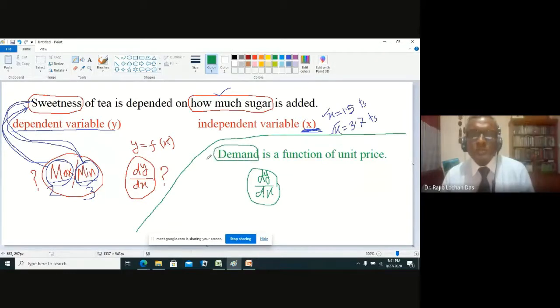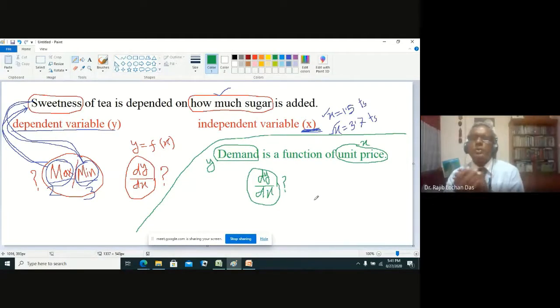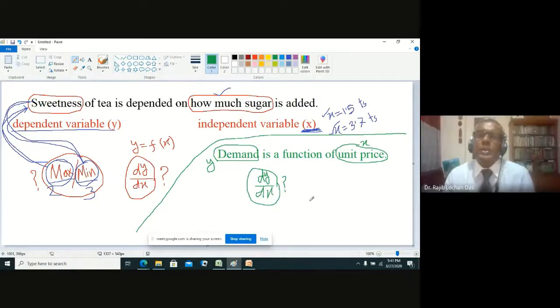So demand is the dependent variable. It is called y normally, and unit price is the independent variable, and we normally call it x. So what will be the ddx of y in this case? What you can say? Rate of change in demand with respect to unit price. Correct. So is that okay to everyone? Yes, sir. Okay.